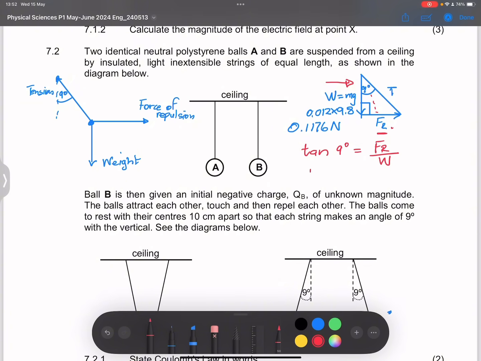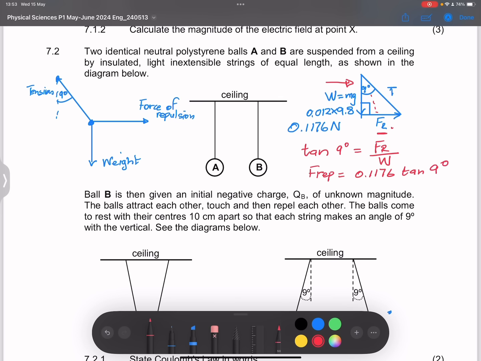So to find the length of Fr, right, the repulsive force, let's call it F repulsion. This is going to be the weight, which is 0.1176 multiplied by the tan of 9 degrees.